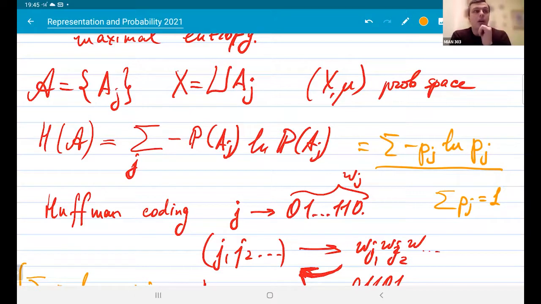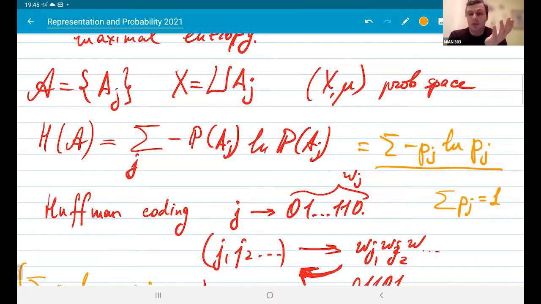Well, this means that you need the information about the state of your system to contain the most information, to be most information rich, so to say.